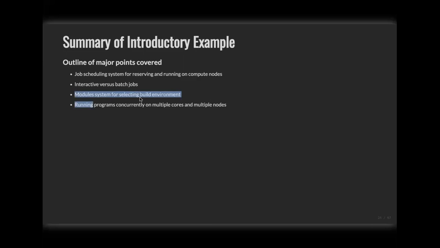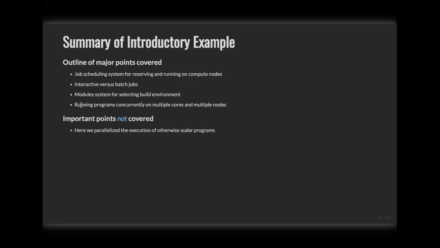How to use the module systems to select an environment, and some basic things on how to run programs on multiple cores by using this Slurm script, right? So if you have some job that you run on many files, for example, then now hopefully you know how to adapt this to your use case.